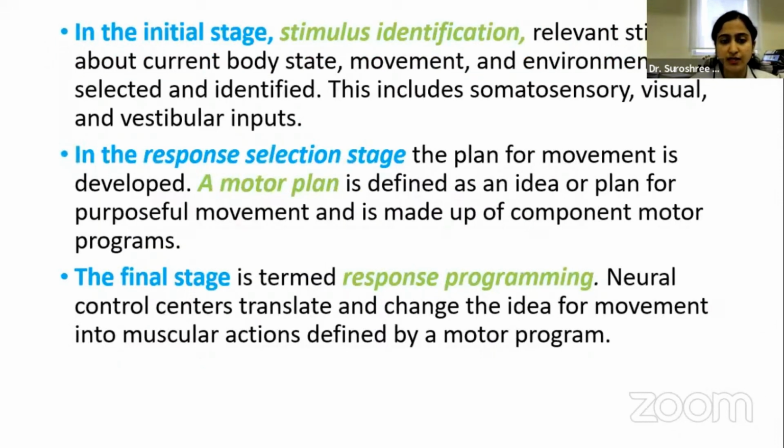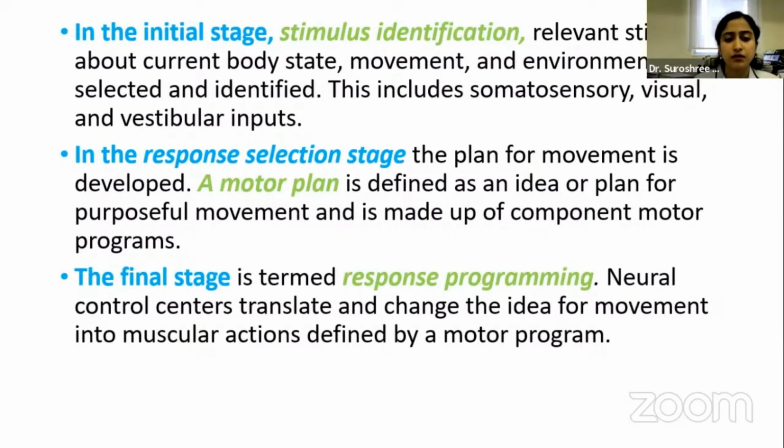In the initial stage, relevant stimuli about the current body state, movement, and environment are selected and identified. These include somatosensory inputs, visual inputs, and vestibular inputs. Looking at the glass of water, you had visual input. Touching and grasping the glass, you had somatosensory input. That is how the initial selection is done.